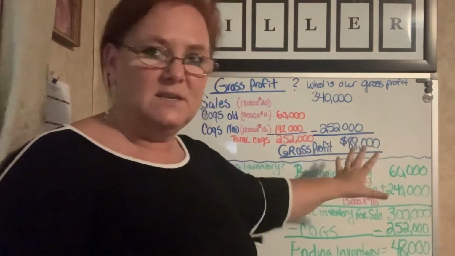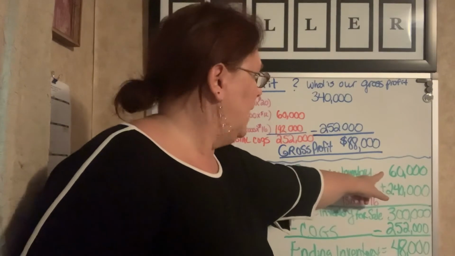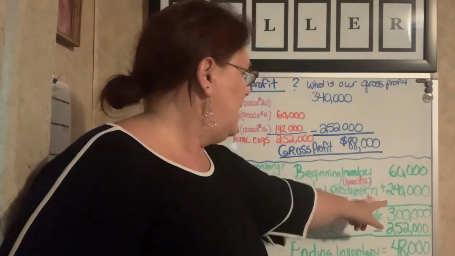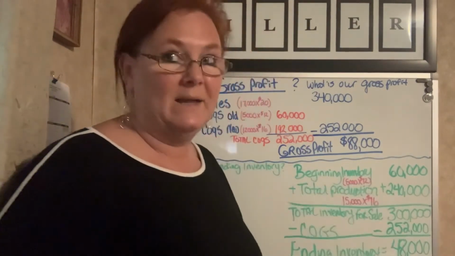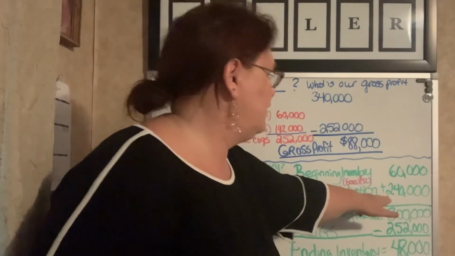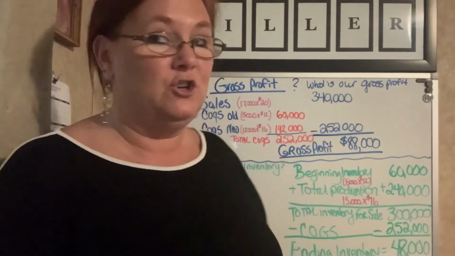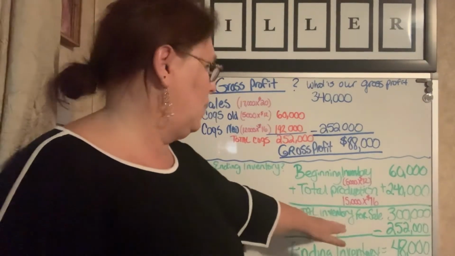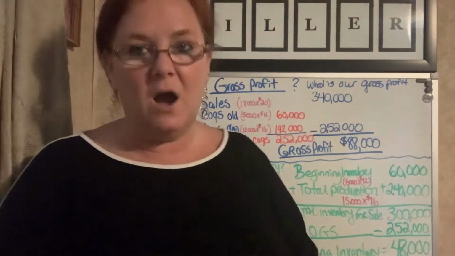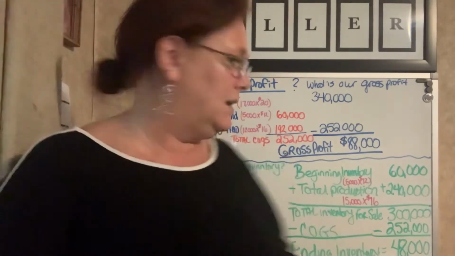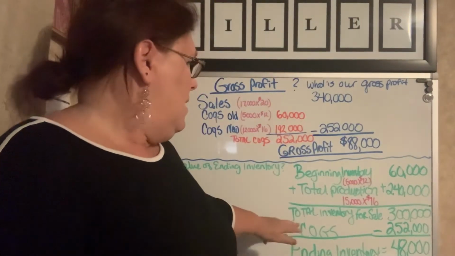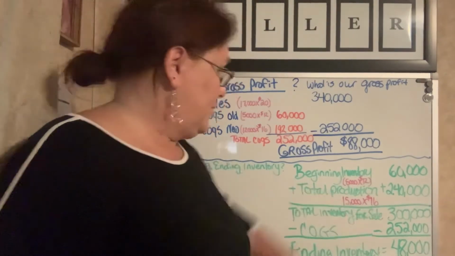So that's all this is in a visual way: the original amount that you had there, $60,000, and then you made 15,000 more at $16, which is 240,000. So add 60,000 plus 240,000 should give you a total inventory for sale of 300,000, right? 240 and 60. So that's where you get the 300,000.